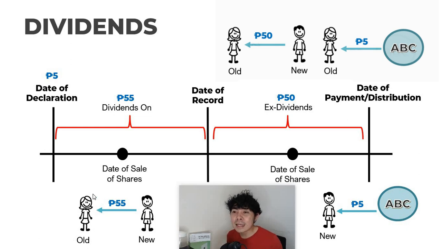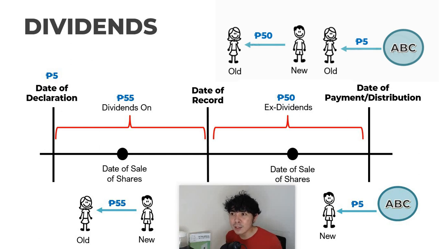Yun nga lang, hindi na siya kasama sa listahan ng shareholder as of date of record. Kaya, anong mangyayari kung siya yung entitled doon sa dividendo na yun, pero ang masasama sa listahan ng shareholder as of date of record is yung bagong shareholders. Kasi nga, nagkaroon ng sale or acquisition ng shares of stocks in between date of declaration and date of record.